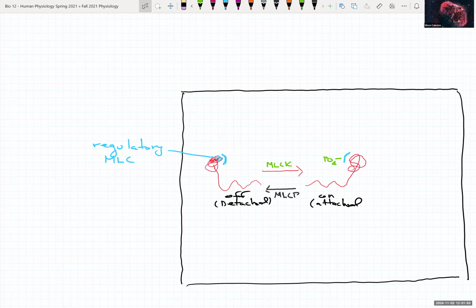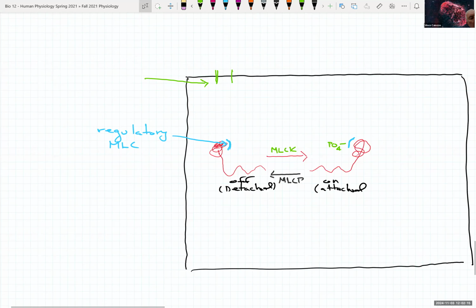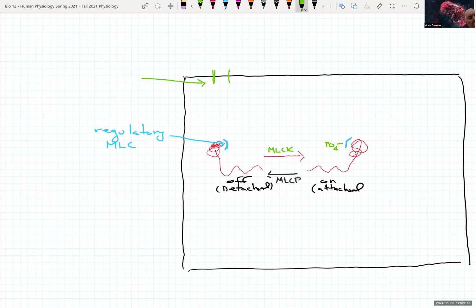So here's our simple old drawing. And now I'm going to show the presence of an ion channel. And this is, we'll say, a stretch activated one. So before I go any further, let me just write up here, myogenic factor.